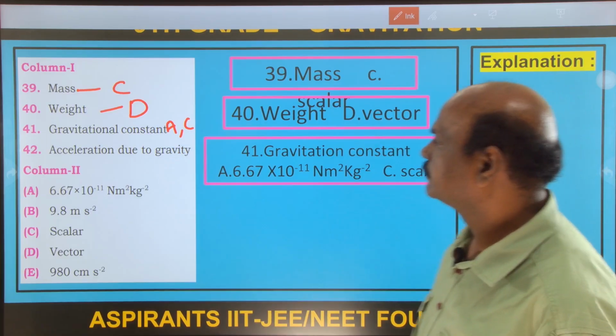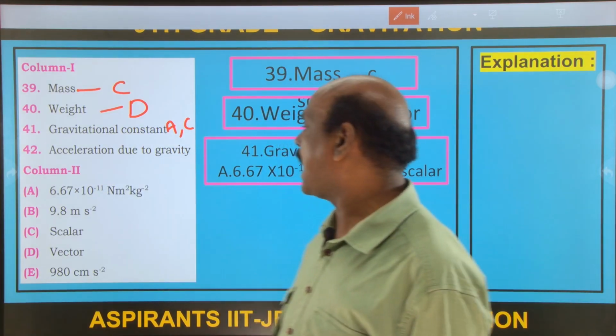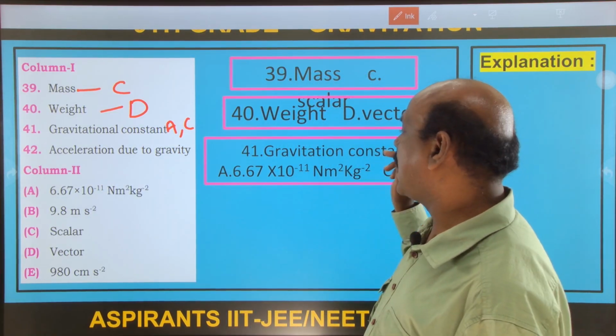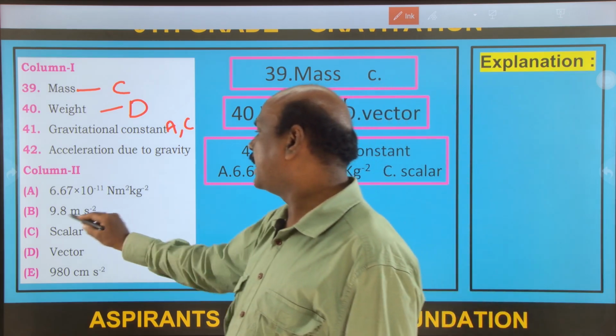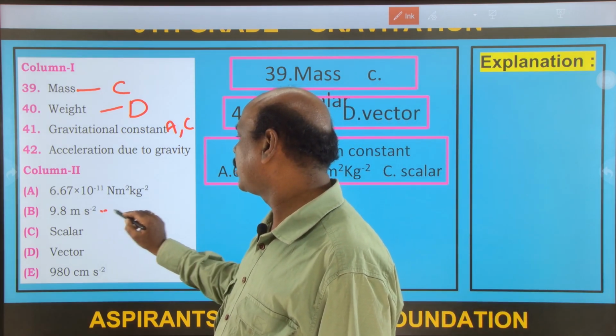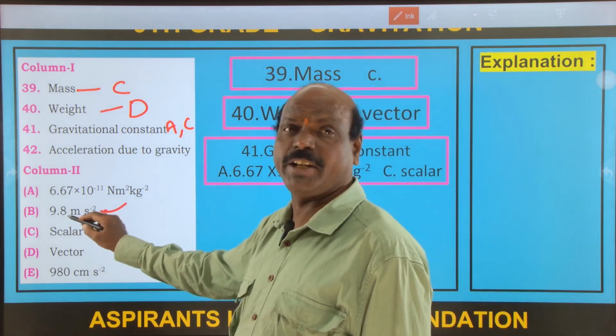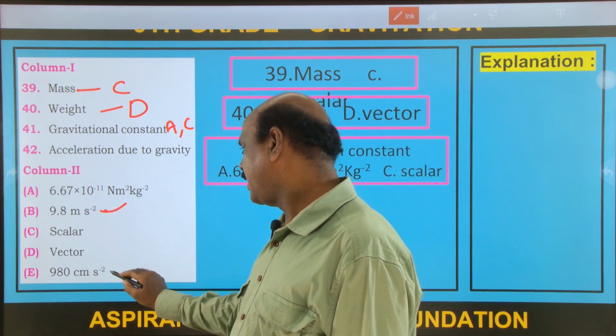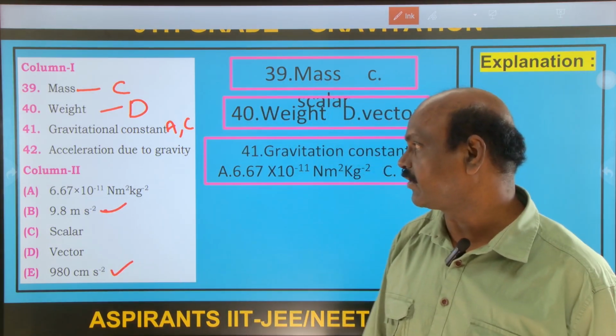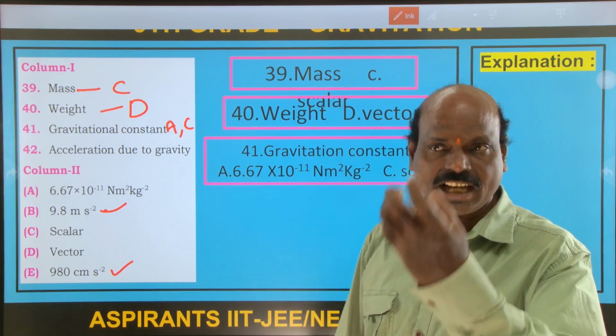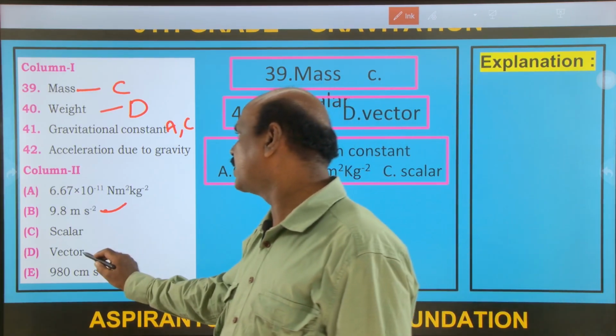Next, acceleration due to gravity. Here the acceleration due to gravity we know is 9.8 meters per second square, and if you convert this meters into centimeters we get 980 centimeters per second square. Acceleration due to gravity has a direction towards the earth, so it is a vector.